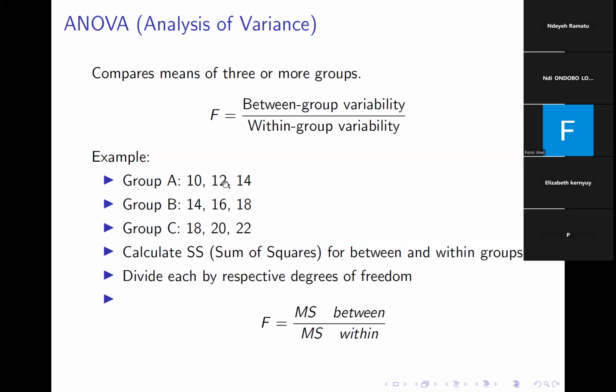And for some reason, you want to study 3 groups. What you would have to do is calculate the sum of squares between, and calculate the sum of squares within the groups. And then you divide each by the respective degrees of freedom. I will show you an example of how this is done.